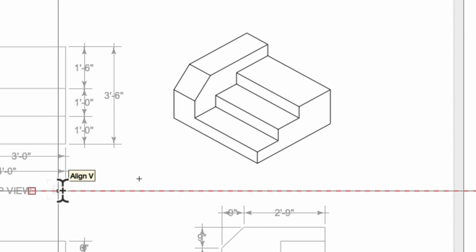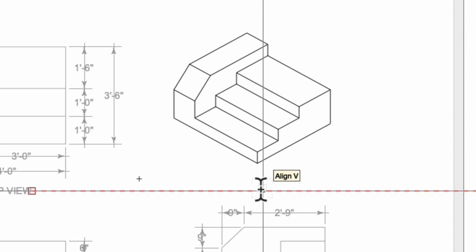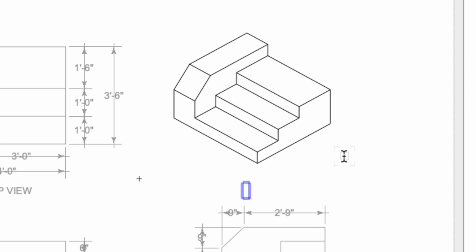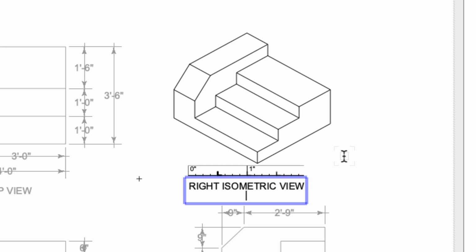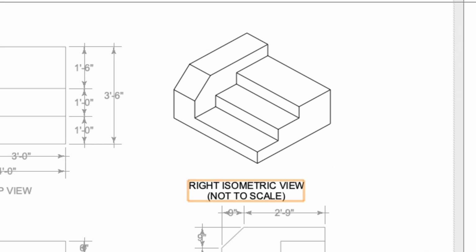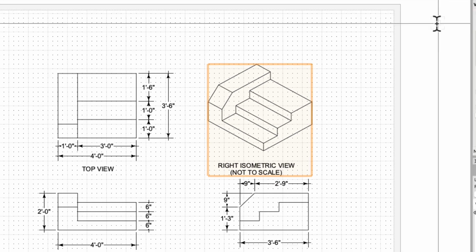So we're just going to get in the middle here and type right isometric view, and then hit return, and in parentheses we're going to write not to scale. Hit enter, and then hit exit viewport annotation.